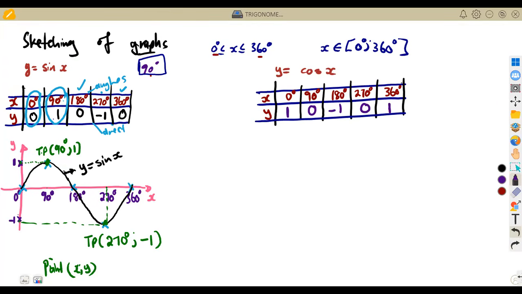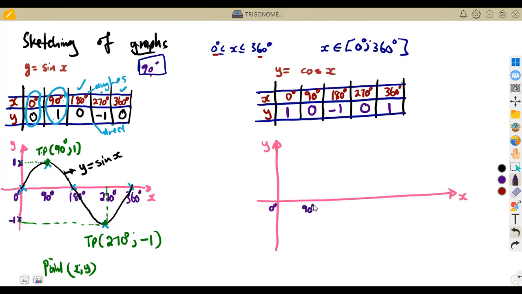So meaning to say we can sketch our graph. Just like the previous part, we shall need our Cartesian plane where we have the values of x and y. All right, so this is for x and this is for y. So taking our values again from 0 degrees up to 360, separated by 90 degrees each.